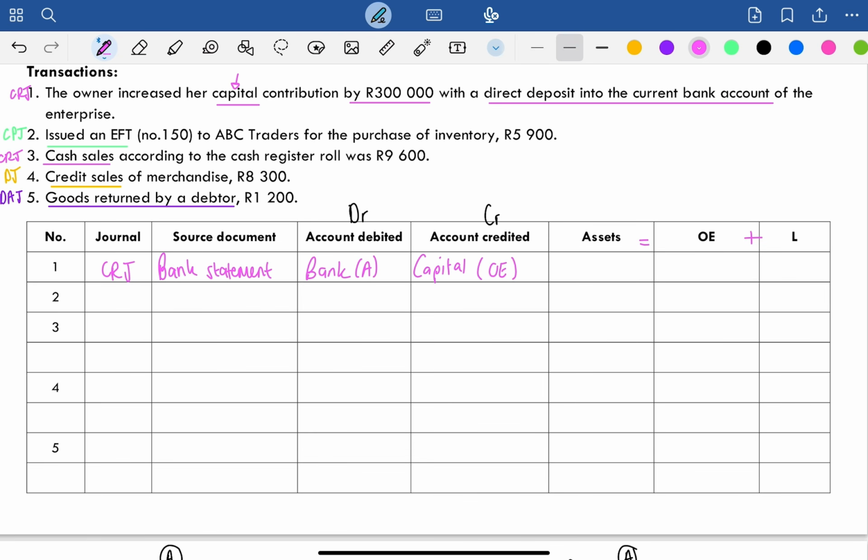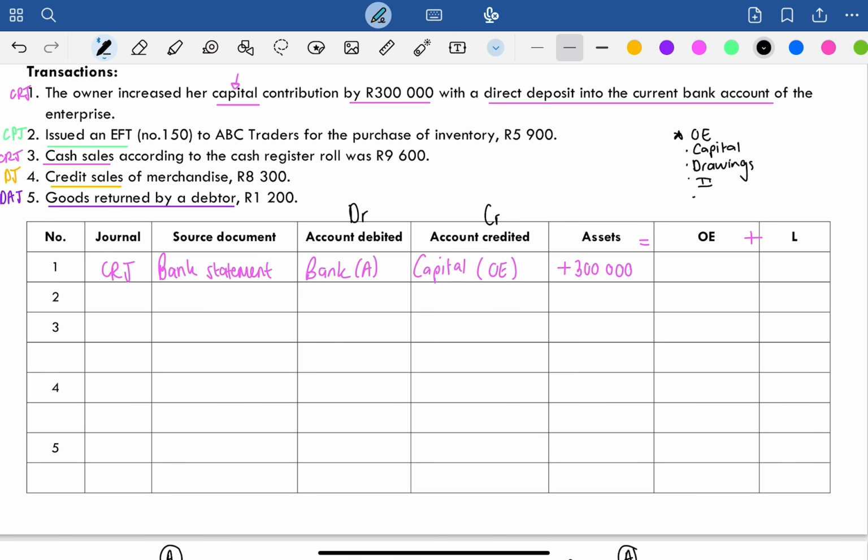So then we say, well, we did receive this money, so my bank is going to increase with 300,000, and therefore my asset for bank is increasing. When it comes to owner's equity, this one is quite important because owner's equity is affected by 4 different things. The first 2 are those owner's accounts, the capital and the drawings.